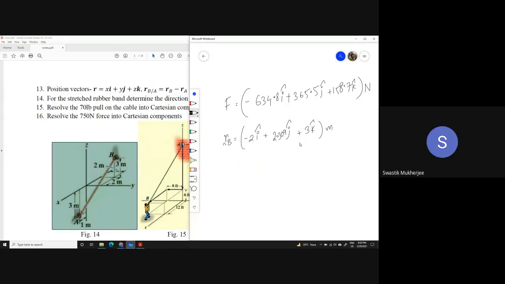Unit? Newton. Oh, sorry, this is not in Newton. This is just meter. So next you need to get the position vector of A, which is quite simple, I guess. 2i plus 2k in meter. Then you can get RBA, and then from that you can get the unit vector along AB and eventually multiply 750 Newton to that.